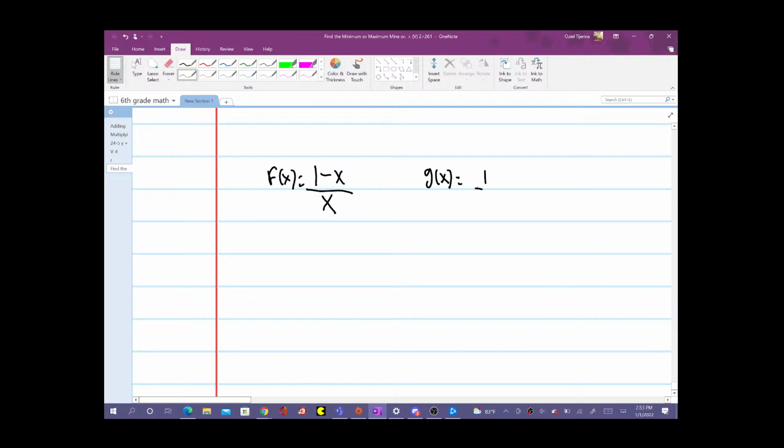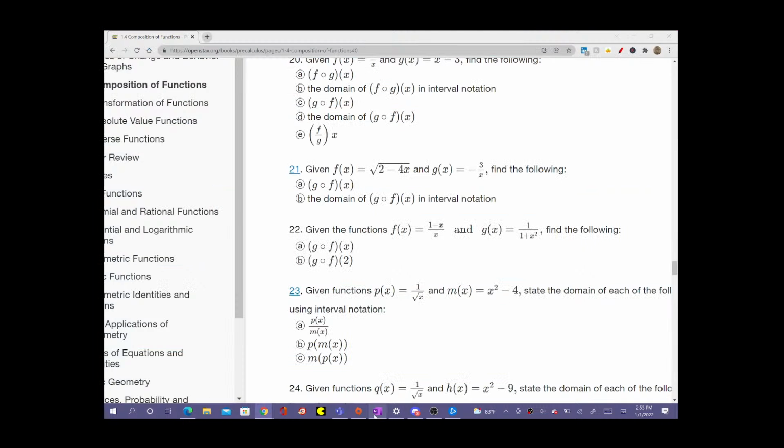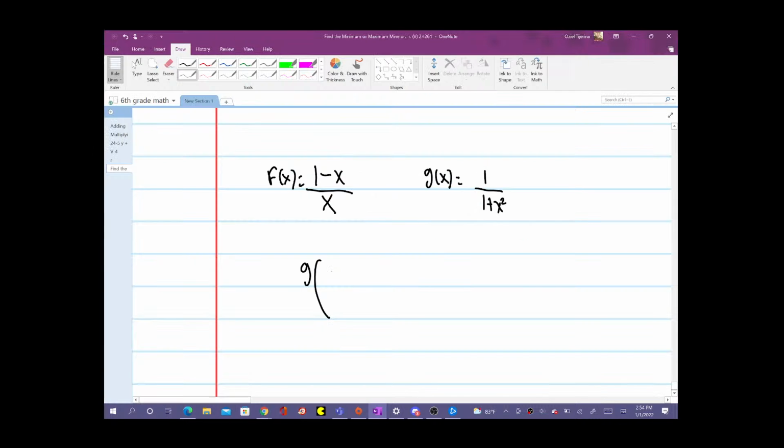So they want you to find g of f of x first. So g of f of x is g of the quantity (1 minus x) over x. This is what g of f of x is, right?